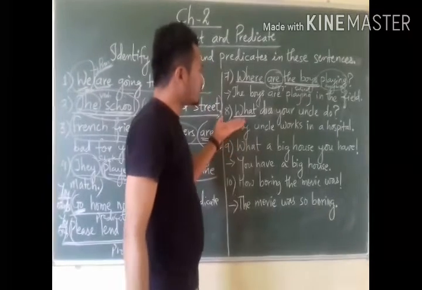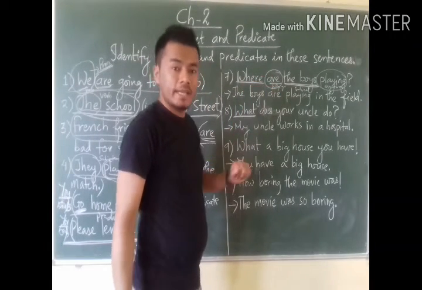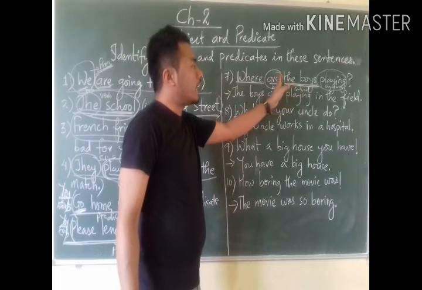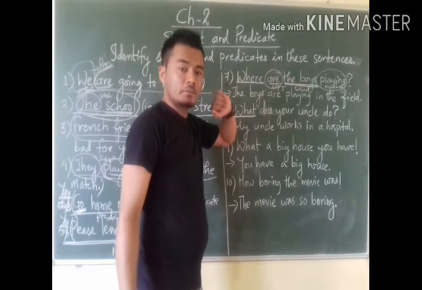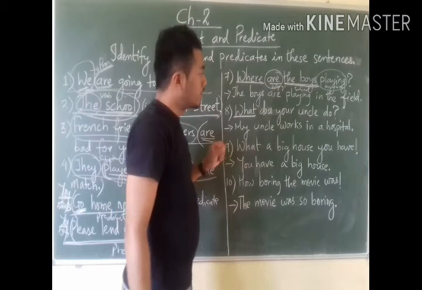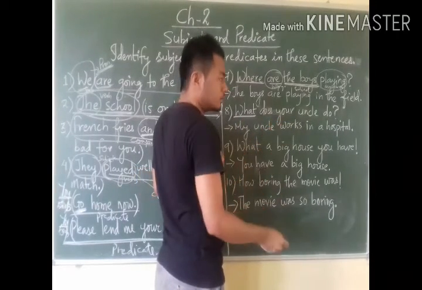In the same way, if it is a verbal question, are the boys playing? Here also it is the boys. Are is the helping verb, playing is the main verb. So the boys, which comes between the helping verb and main verb, is the subject. In the same way, what does your uncle do?